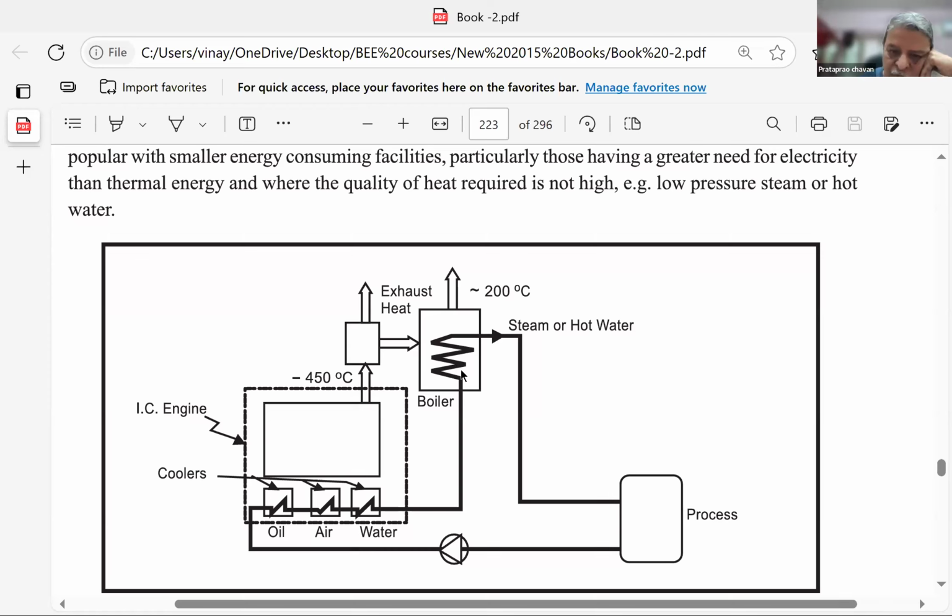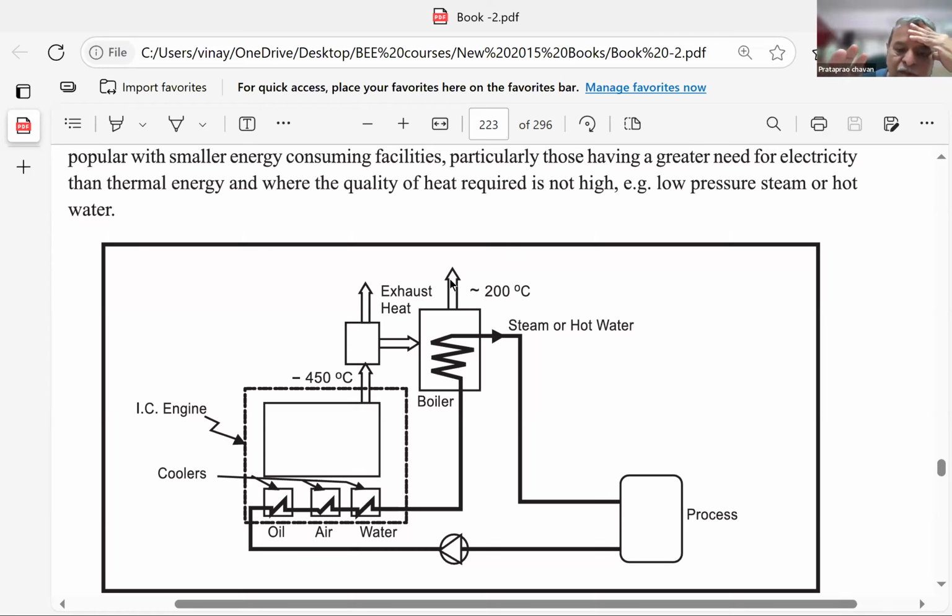So what we do, we keep this temperature above 150 because the acids form at a temperature below 150. So ideally, you can have the exhaust gas temperature at 150 degrees centigrade. But we don't take a risk. Suppose I try to keep it at 150 and occasionally it goes down to 100.